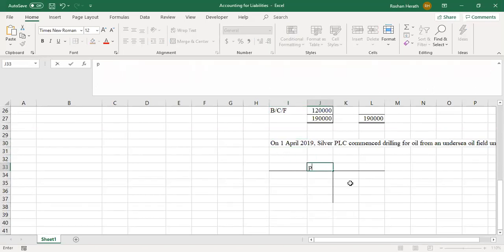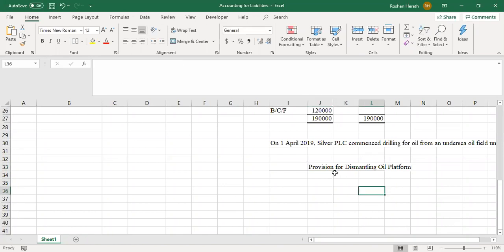So this is a provision for dismantling oil platform.